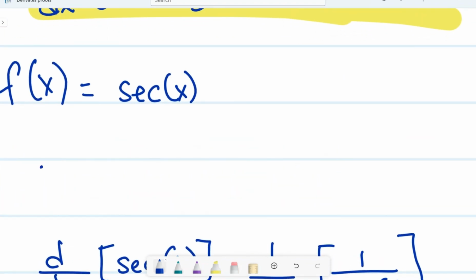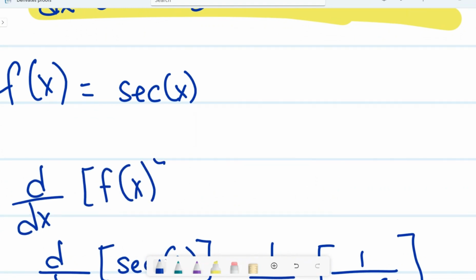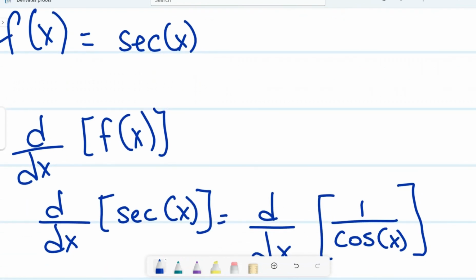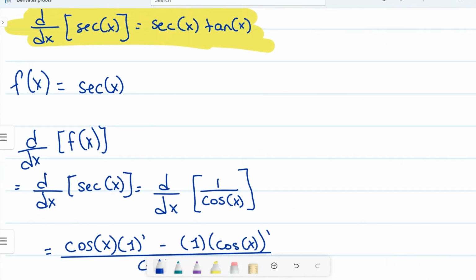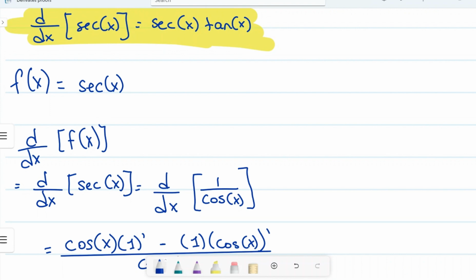And now let's find the derivative of f of x. The derivative of f of x is equal to the derivative of secant of x, which is equal to the derivative of 1 over cos of x, because secant we can rewrite as 1 over cos.